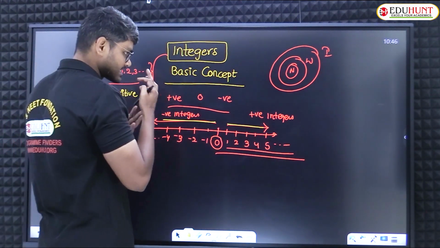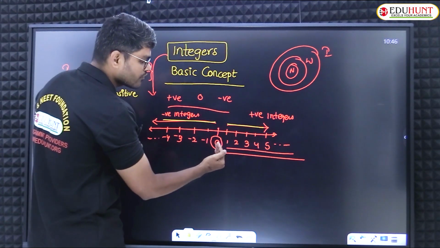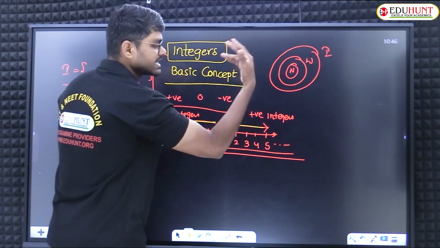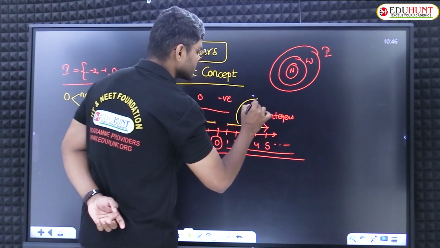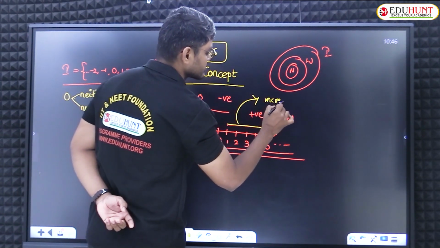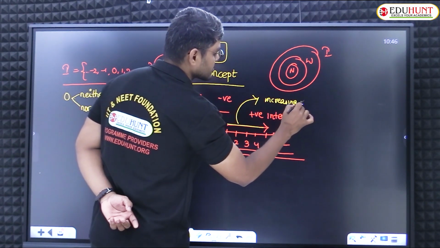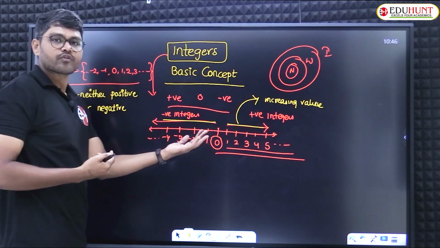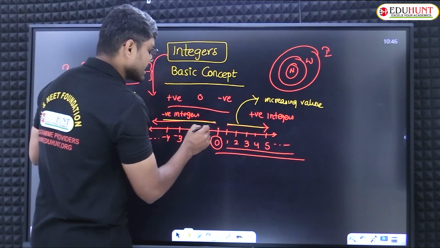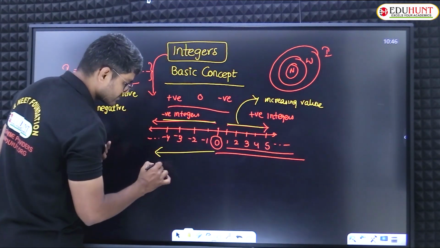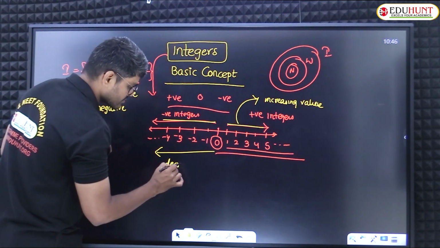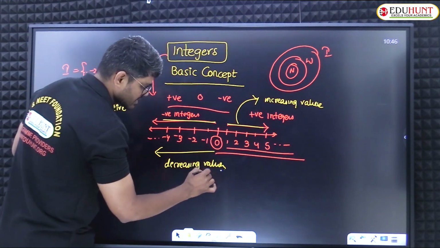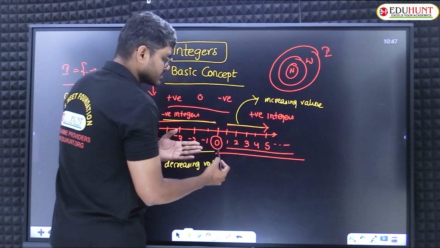The very next point is, if I go from 0 to the right side, the value increases. That means this is increasing value. If I go from 0 to the left side, the value decreases.